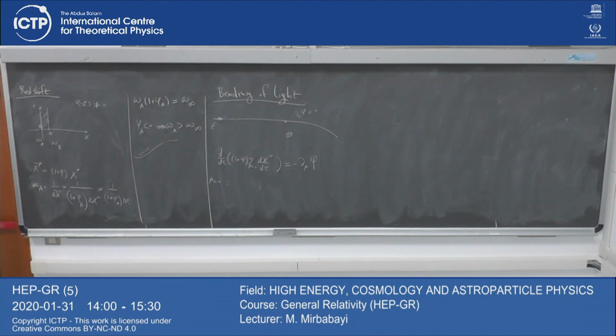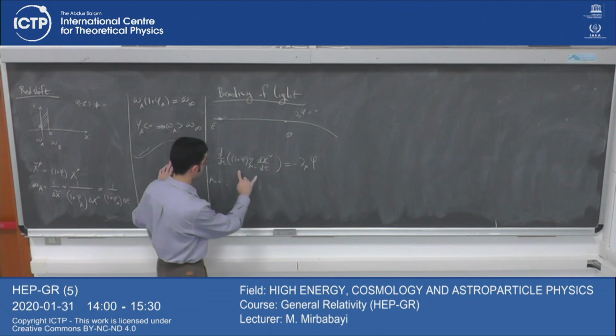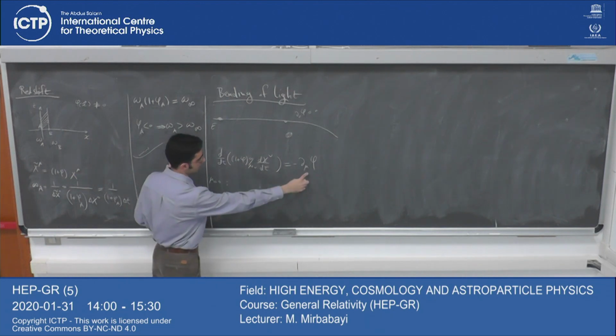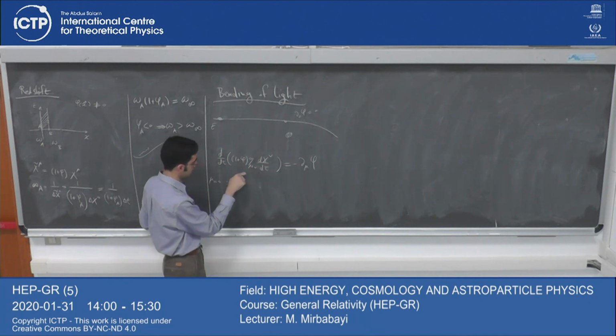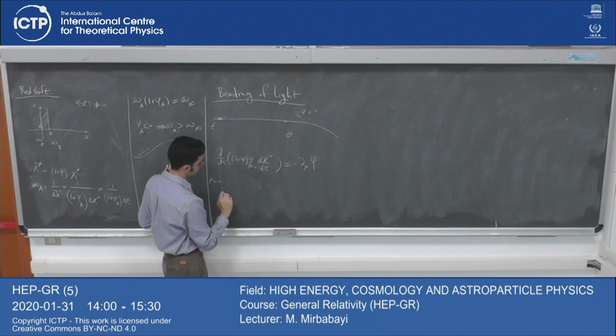If we look at the mu equal to 0 component of the equation, since the field that we are considering is time independent, we get a conservation law. Because the right hand side is 0, the object that appears on the left hand side is a constant of motion.